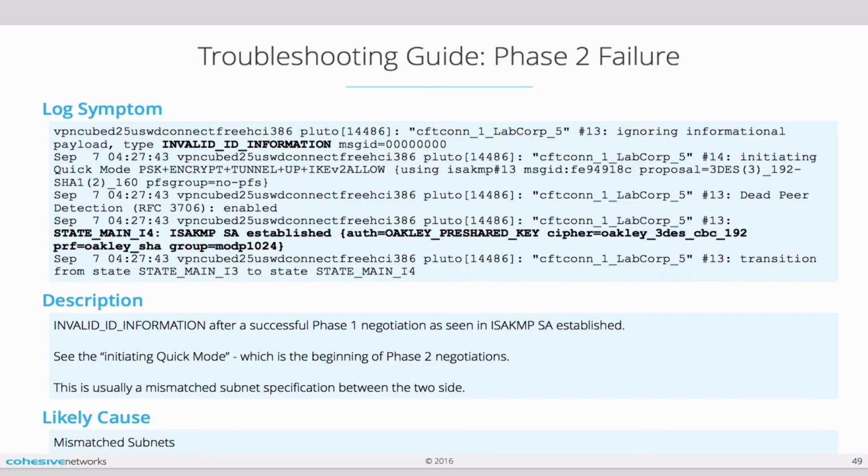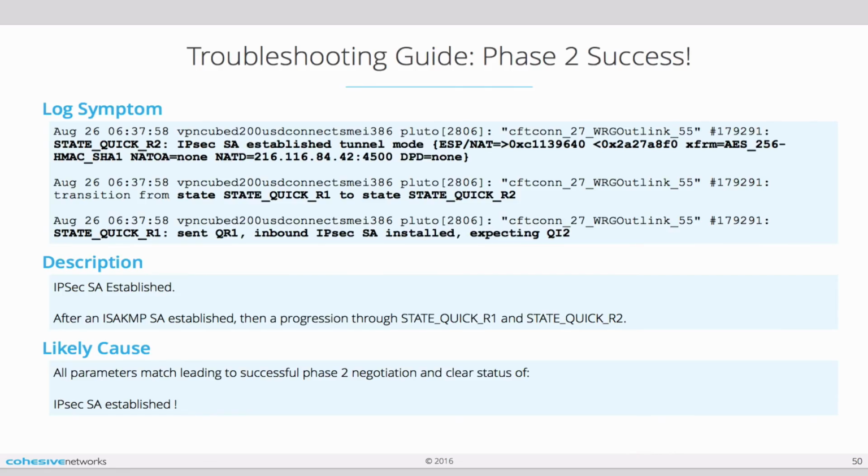Sometimes you get the phase one established, you're not getting any deletes of the phase one, but you're getting invalid ID information; we tend to see that's mismatched subnets. It's implementation dependent, based on who we're talking to, what kind of error messages people will send across. And then we showed phase 2 success, and we saw that in our connection.